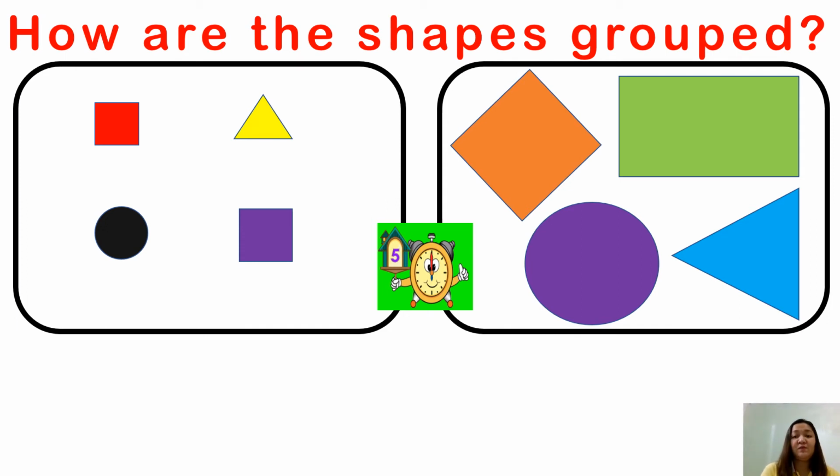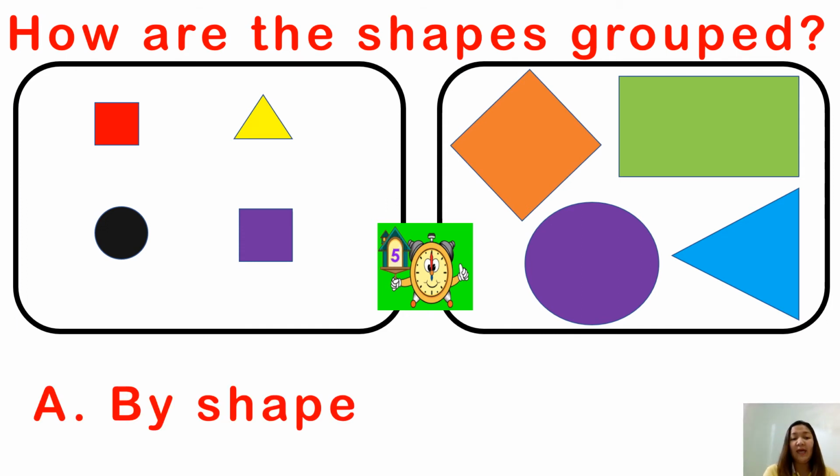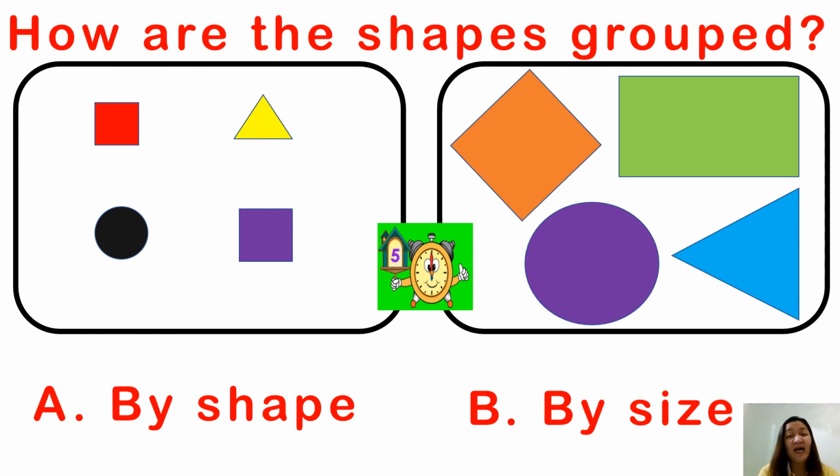How are the shapes grouped? A by shape, B by size. What's your answer?